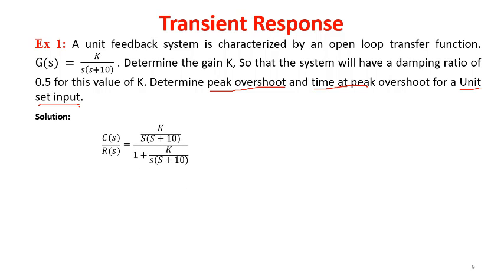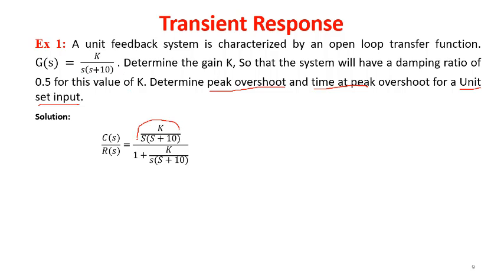We have the transfer function C of s by R of s, which we write as G of s divided by 1 plus G of s into H of s. Here G of s is K divided by s plus 10.